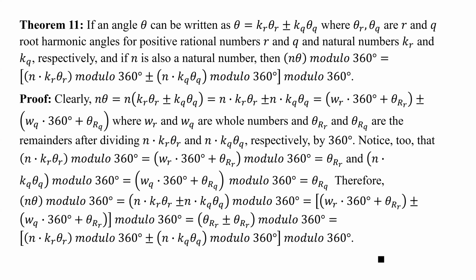So that is what we're trying to do here. Whatever this is, we're saying you can divide this first term by 360 degrees, and you get some remainder over here.